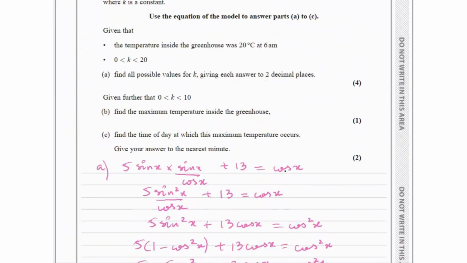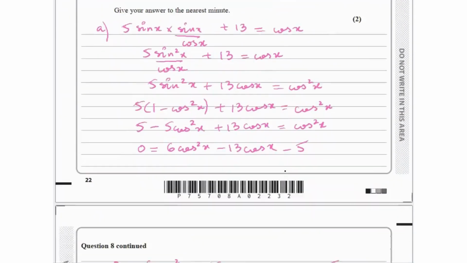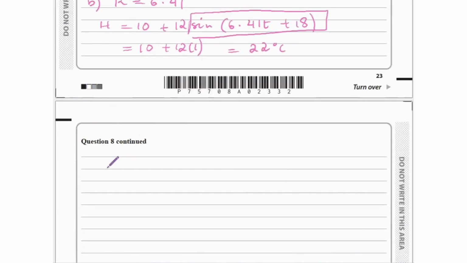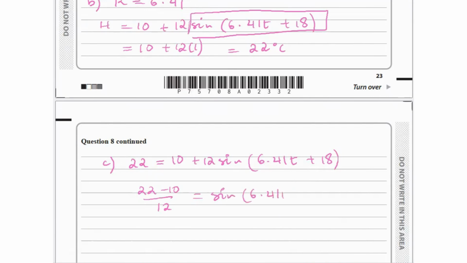Then find the time of the day at which this maximum temperature occurs, giving your answer to the nearest minute. For this, 22 equals 10 plus 12 sine of 6.41 T plus 18. 22 minus 10 divided by 12 equals sine of 6.41t plus 18.